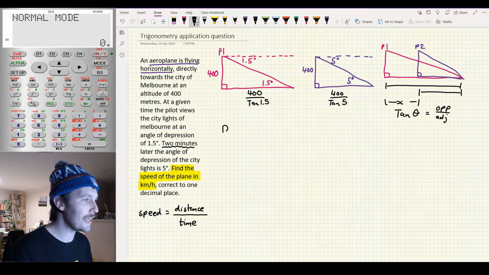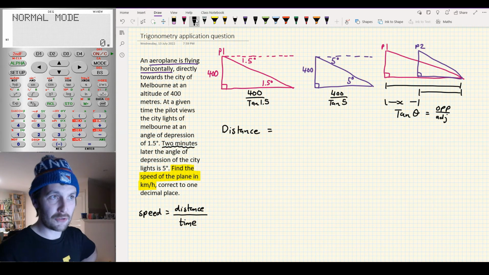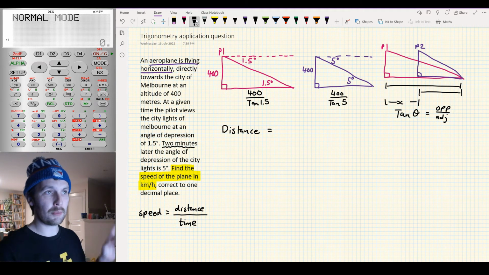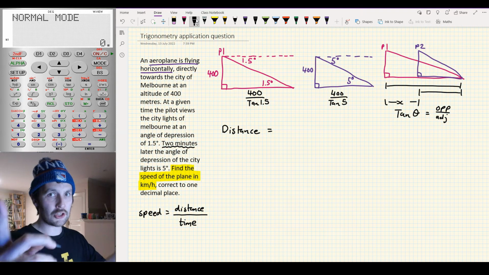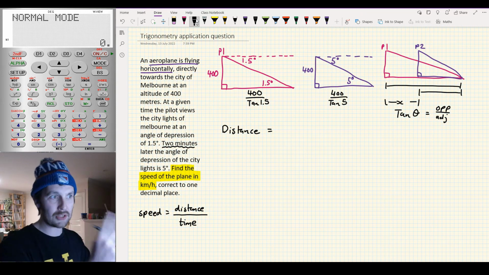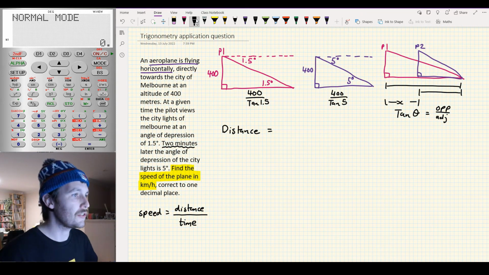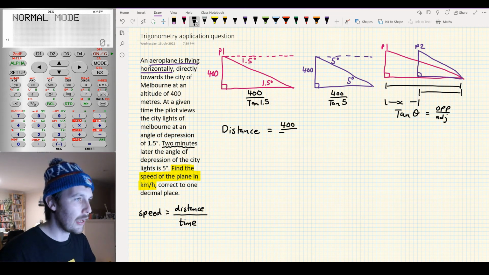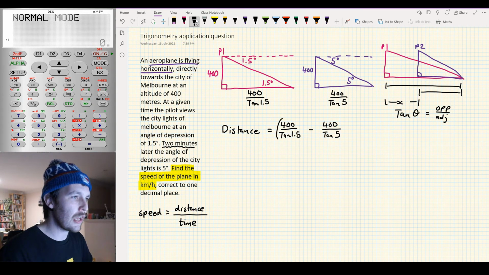So the distance traveled by this plane is going to be the difference between the two. We want position 1 adjacent, take away position 2 adjacent. That will tell us how far it's traveled. So that'll be 400 over tan of 1.5, subtract 400 divided by tangent of 5 degrees.